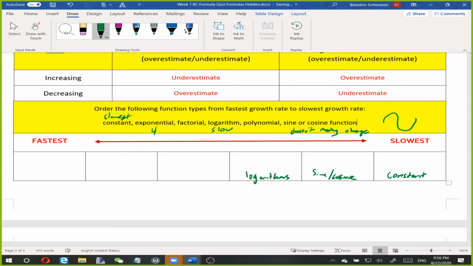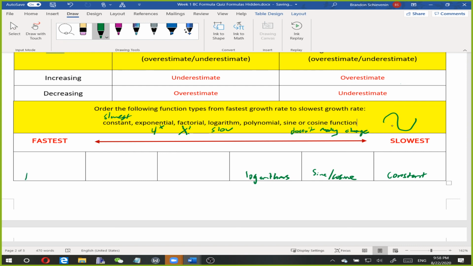So exponential is like 4 to the x, and factorial is x exclamation point. Okay, so 4 raised to the x power would be x number of 4s multiplied together, where x factorial would be every number underneath x multiplied together.